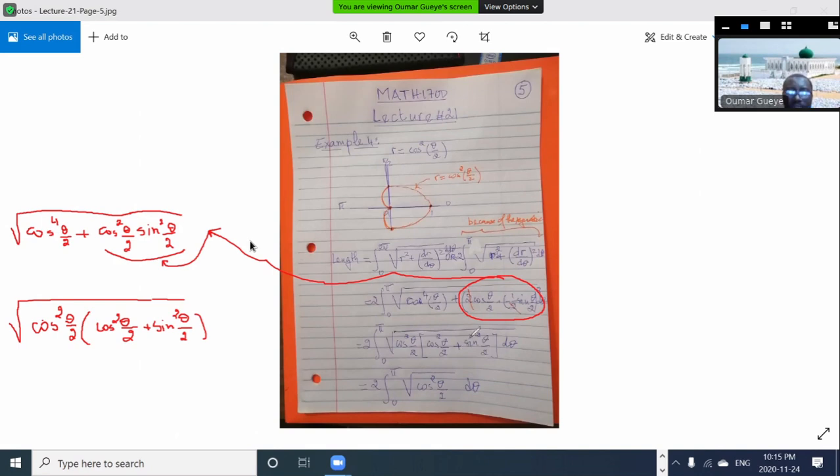That's what I got here. And the bracket is just 1. And that's why we got the square root here of cosine square theta over 2. Is it okay?